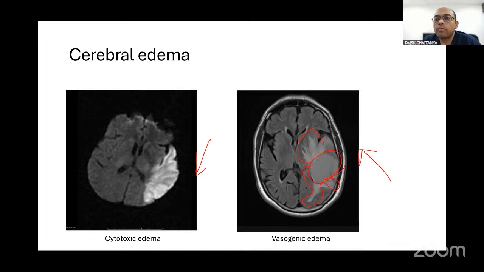So MRI helps you in all these things, and I think this basic understanding is a must for all of you who are attending an ICU with more neuro patients. Thank you.